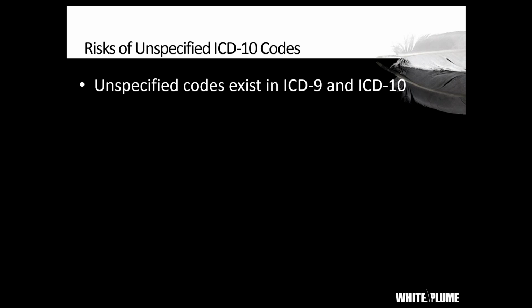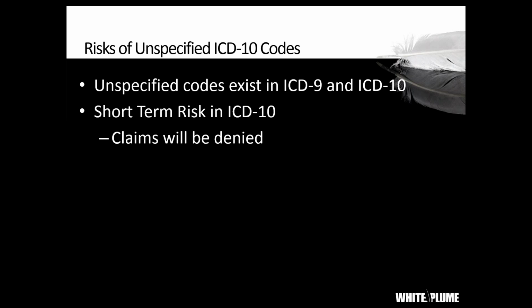There are 2 risks as you transition to ICD-10 if you continue to use unspecified codes: a short-term risk and a long-term risk. Let me talk about the short-term risk first. This is that claims will be denied. If you zoom out from a big picture perspective, trying to look into the future, understand what the payers are trying to do. The payers have advocated and invested in and lobbied for the transition to ICD-10.